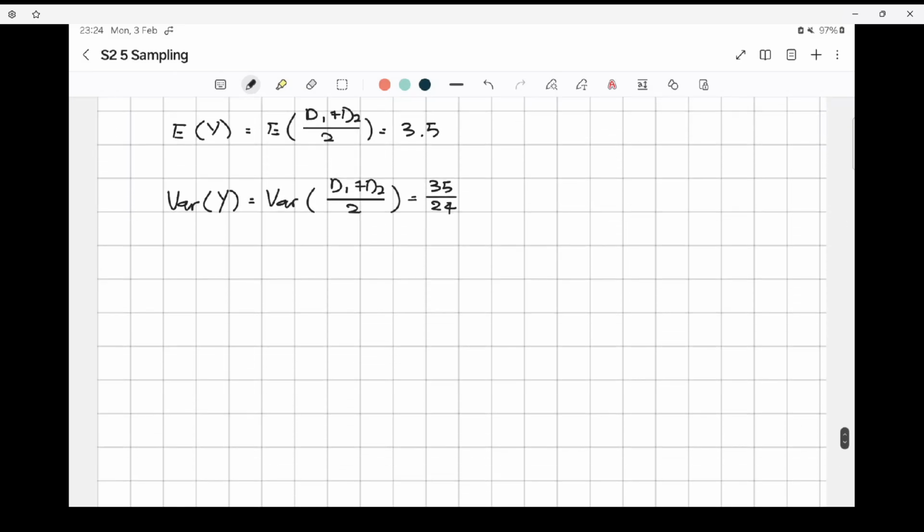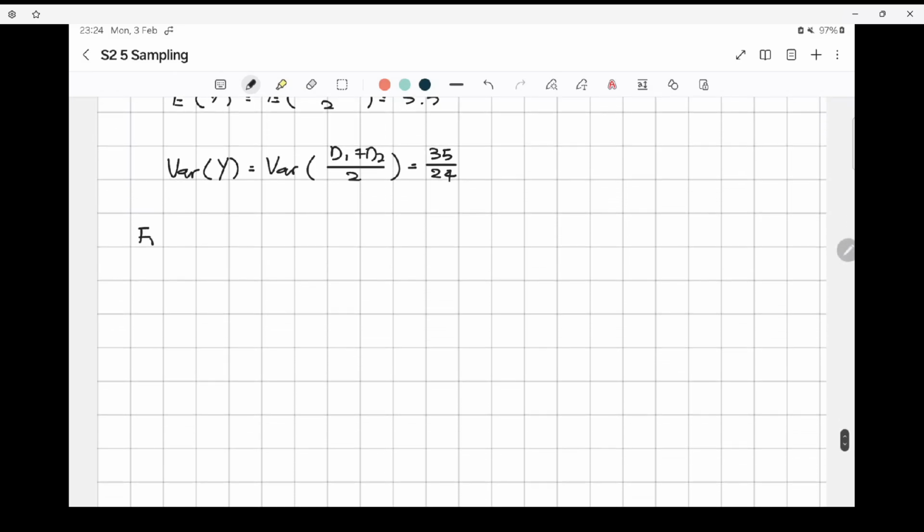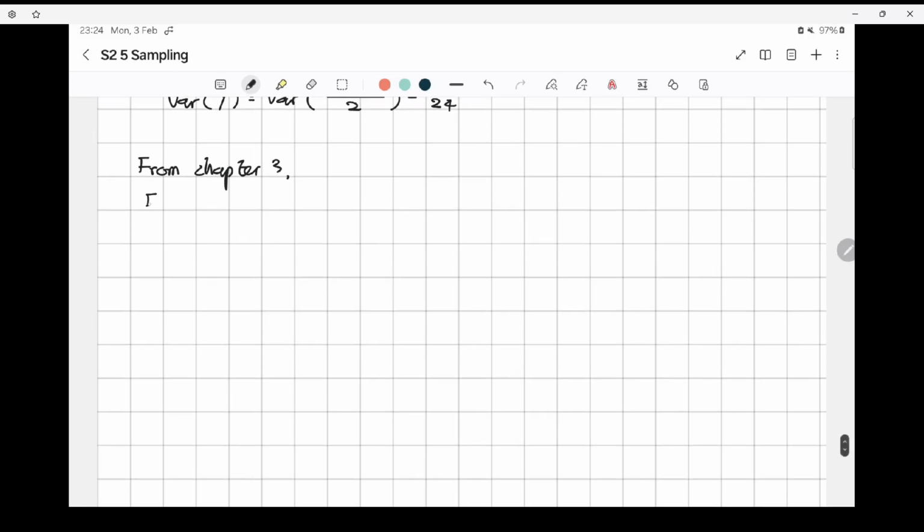In fact, from chapter 3, we learned that if you combine two random variables together, E[X1 plus X2] would be E[X1] plus E[X2].